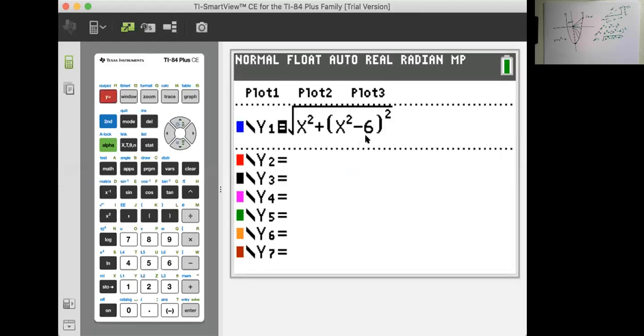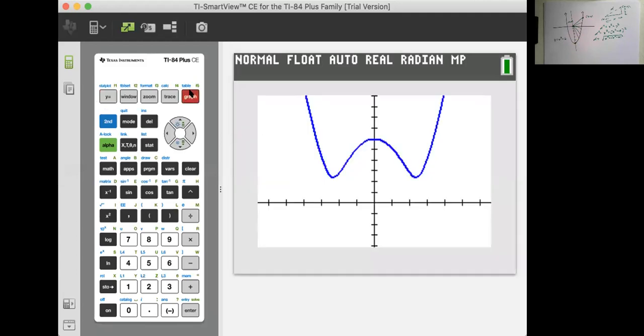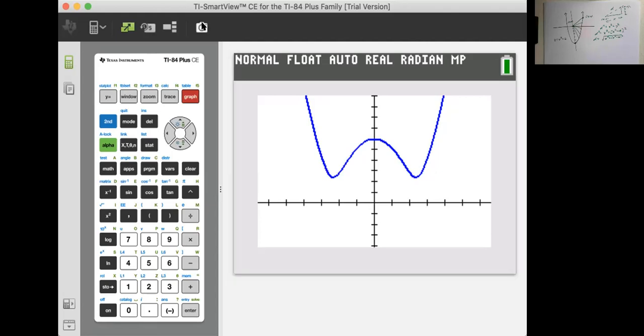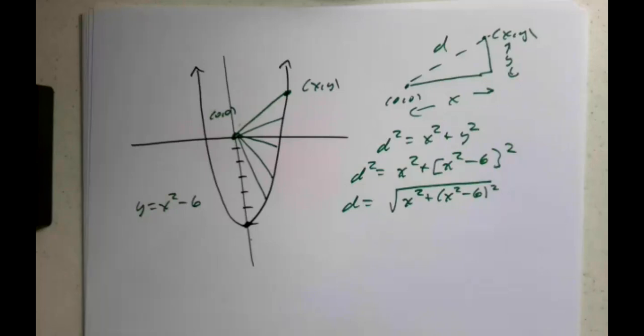So what we found is all of the distances that correspond to the x value. So remember that. In this version of the graph, the x value is the x point on the parabola. The y value is the distance from the origin to that point on the parabola. So we've drawn the graph as we were told to do on the problem.